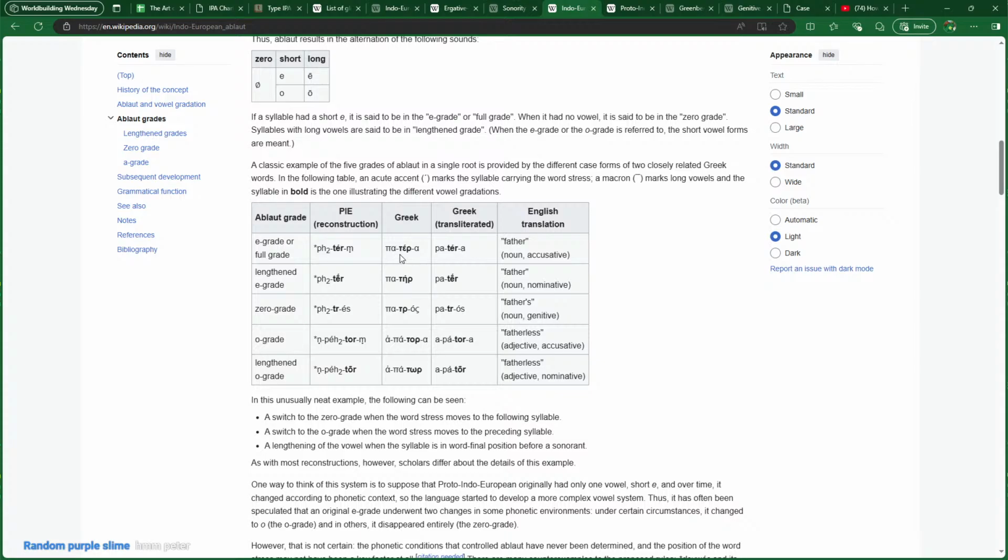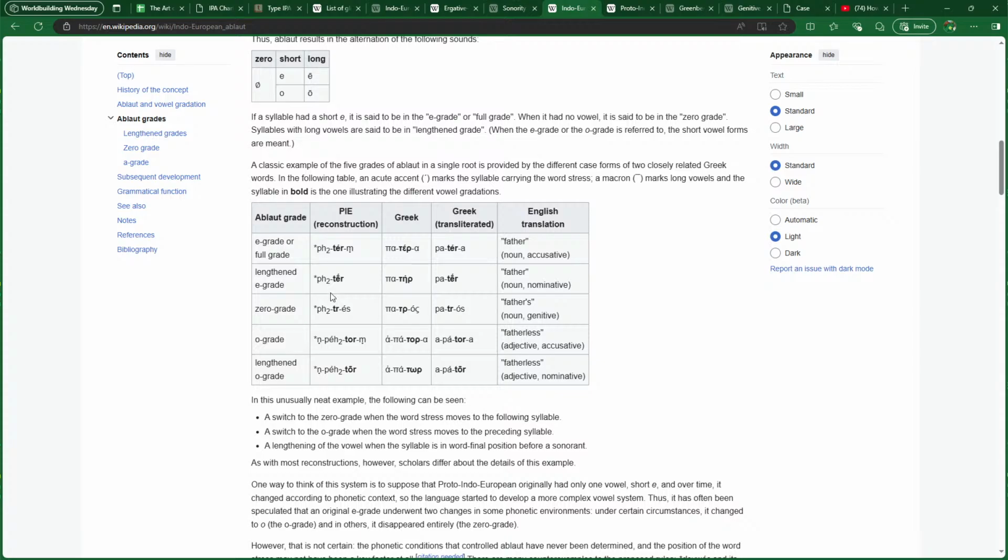Yeah. So PHTR, this is the main root of it. And then they also have extra endings and stuff that go along with it, but this is the main focus. So here, this is the syllable that takes the ablaut.